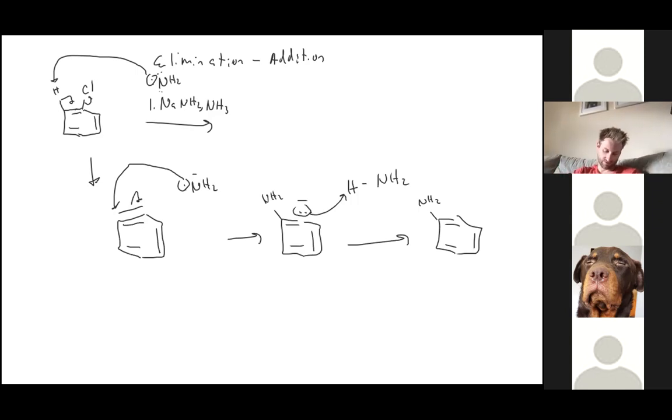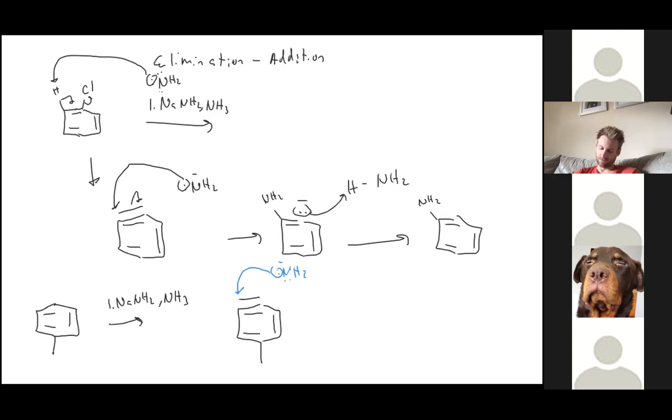So for instance, if we take toluene, adding in NaNH2, this will give us a triple bond. From this point, we can have two different nucleophilic attacks. We can either have this attack or this attack.